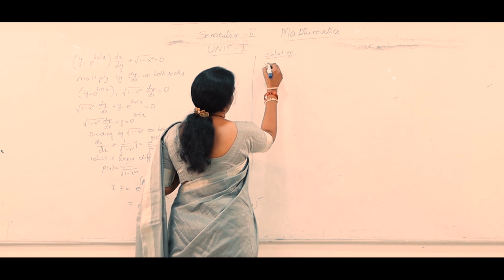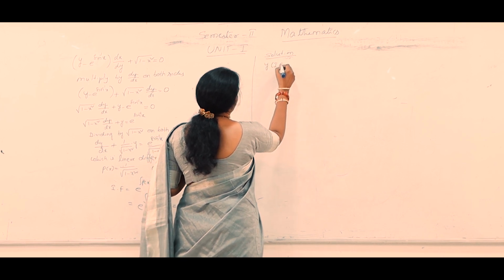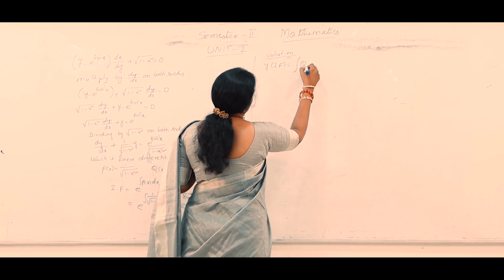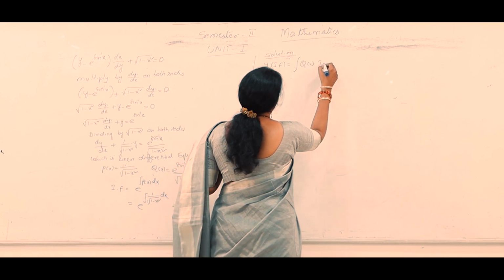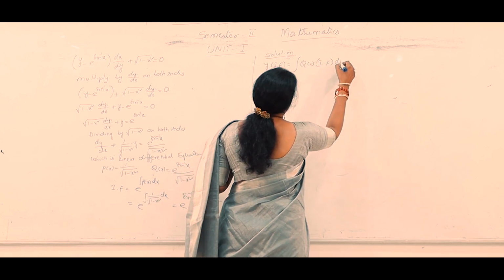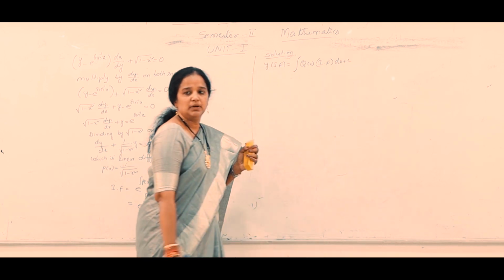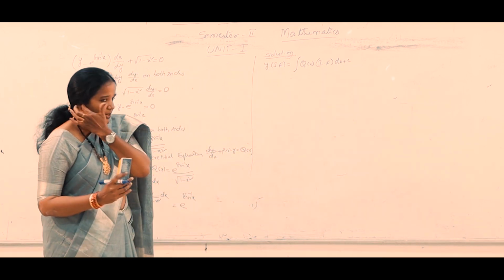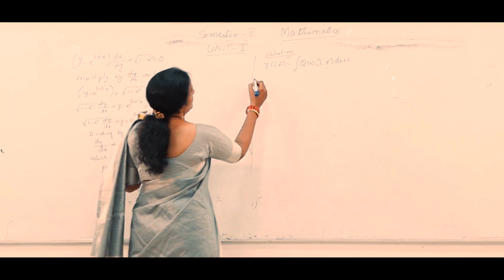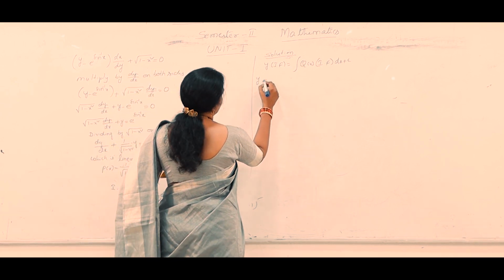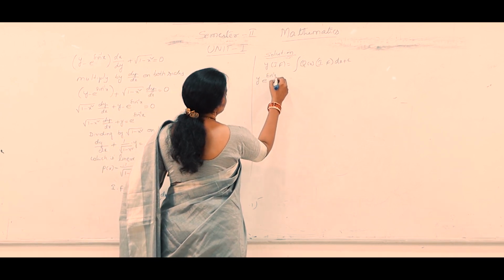What is the formula? y into IF is equal to integral of q of x into IF dx plus c. Now we substitute all the values, the q value and the IF value. What is the IF value? e power sine inverse x.